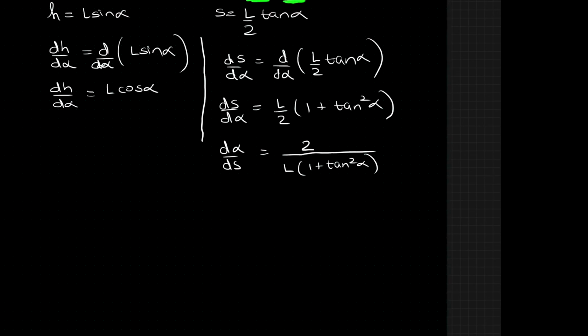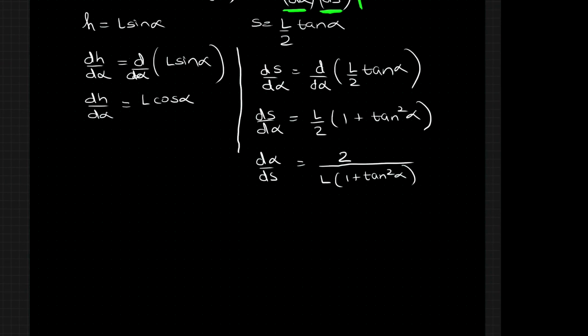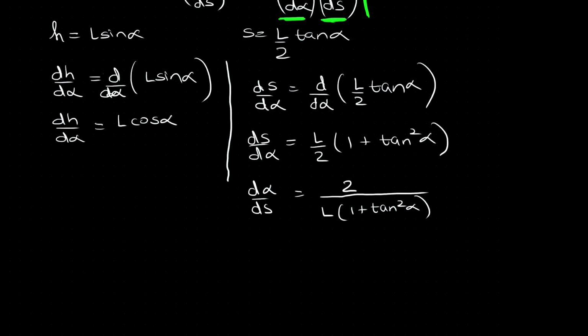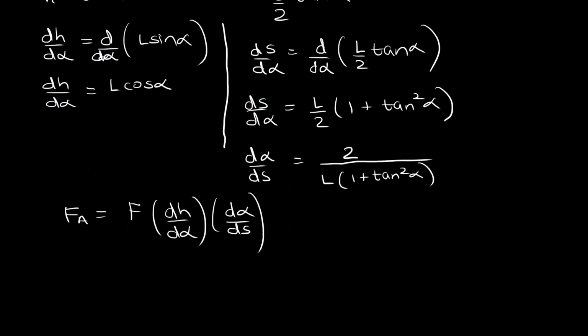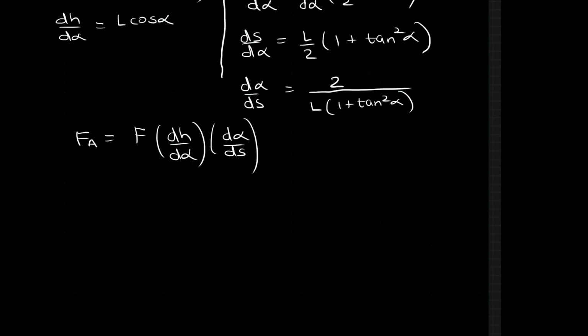Okay, so now we've got everything we need to work out FA. As we saw before, FA equals F times dH by d alpha times d alpha by ds. So now all we have to do is substitute that all in. dH by d alpha is equal to L cos alpha. So let's write that in.